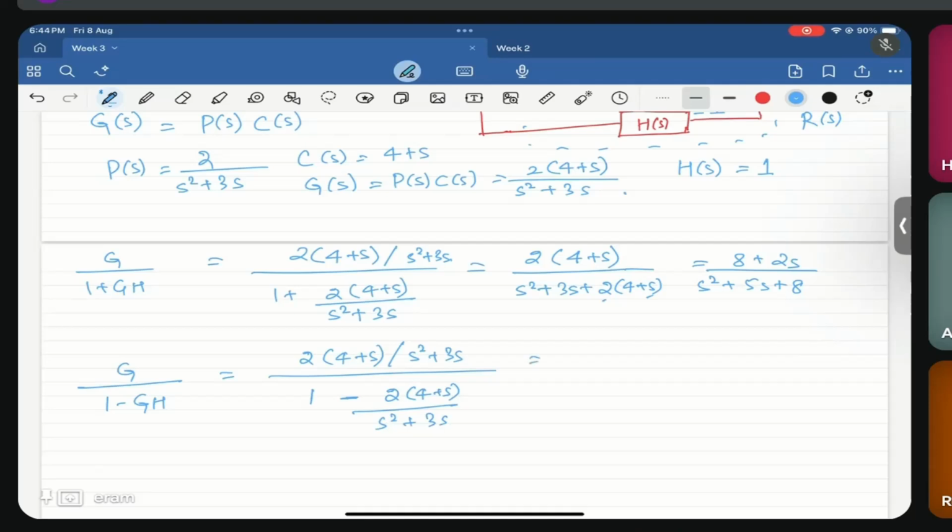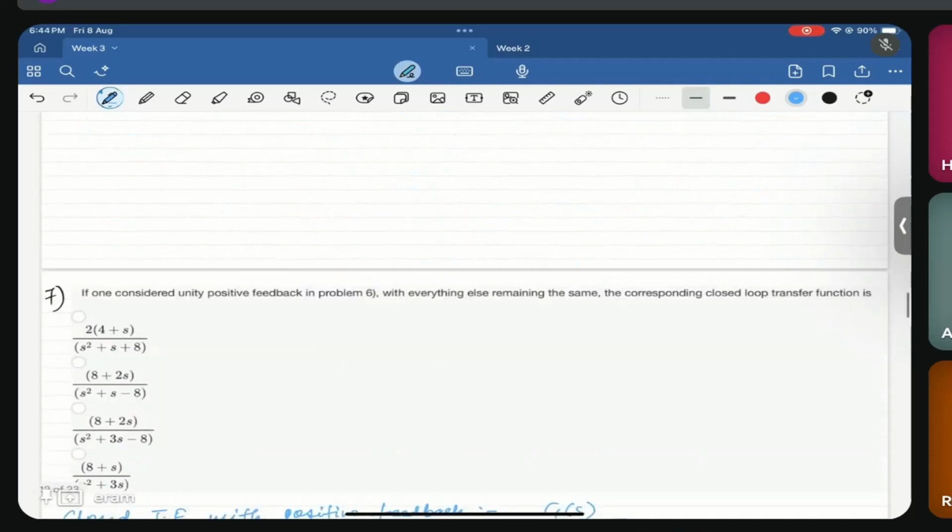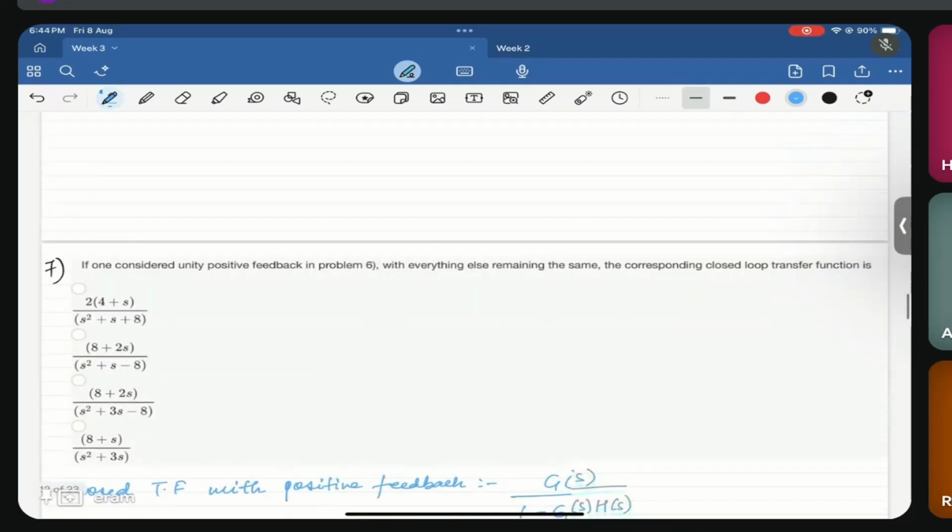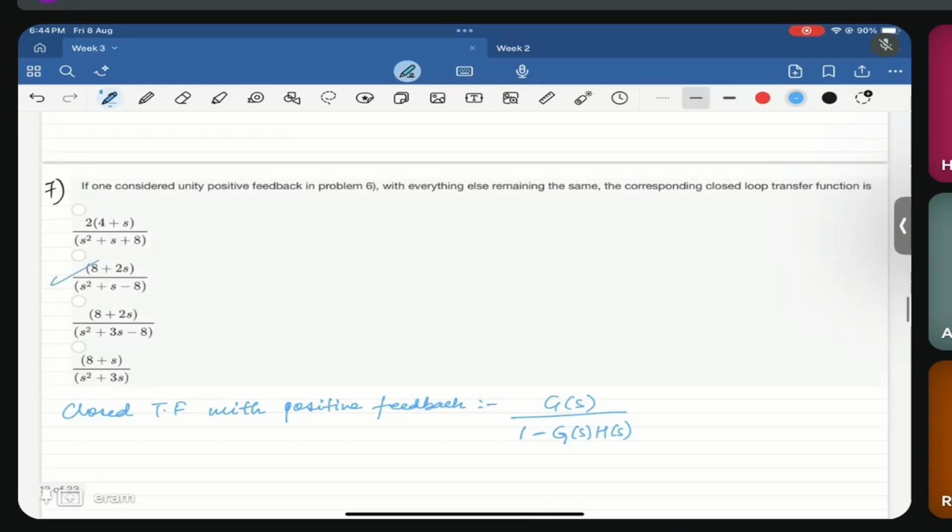So we will get the same numerator, but in the denominator we will get minus 8 minus 2s. So it is 8 plus 2s divided by s square plus s minus 8. Which option is correct? Option B.